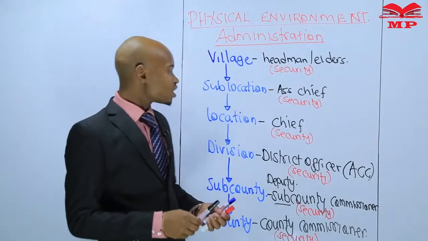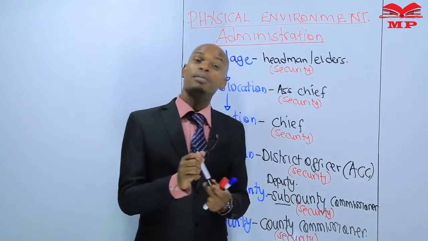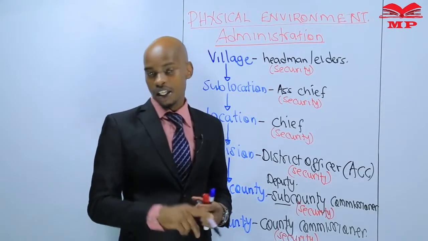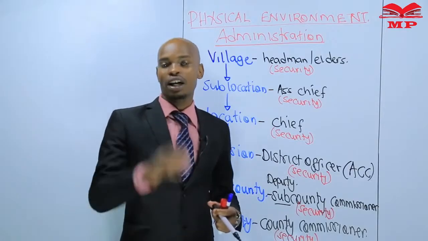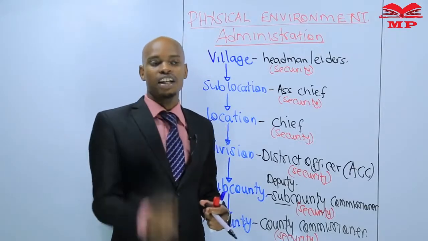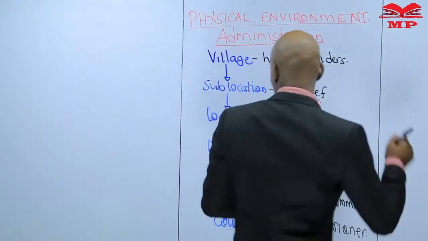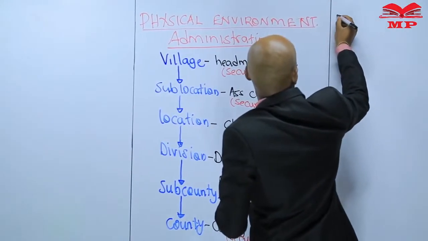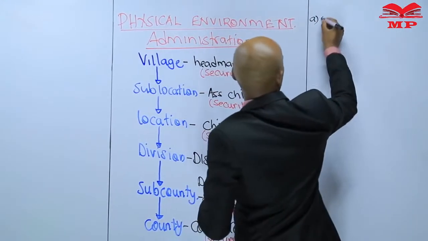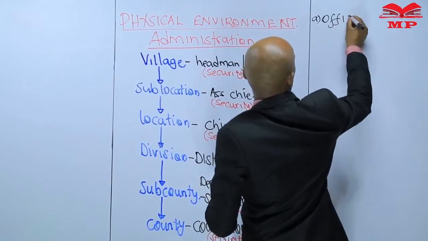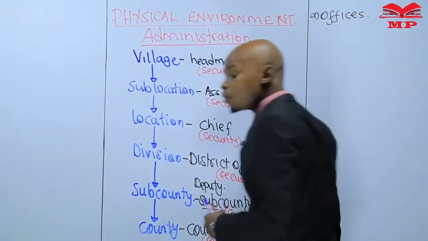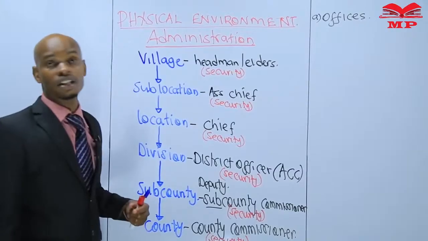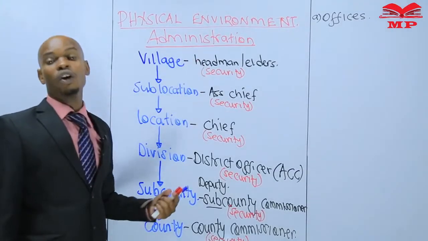When the question is getting to know the administrator of a certain area, there are two things that can help you identify who is the administrator of an area. Number one, we use offices. If you want to know who is an administrator of an area, go for the office in that map.